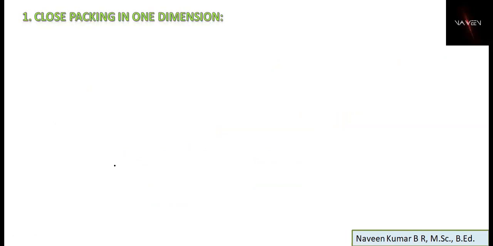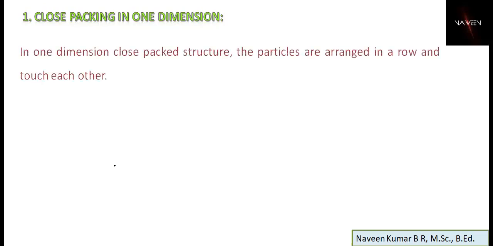As we know, the particles are solid hard spheres. If such particles are arranged in a row, it is considered a one-dimensional close packing, or close packing in one dimension.